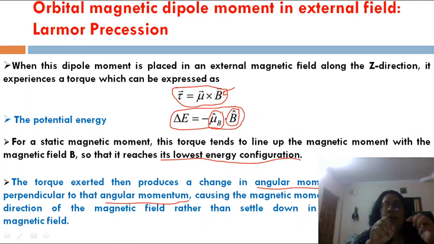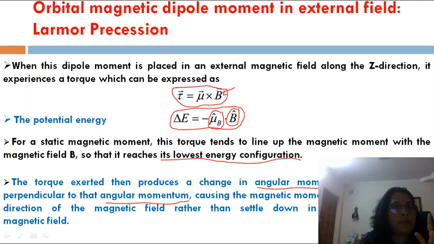Suppose the direction of the magnetic field is taken to be Z, then in the XY plane it precesses around the direction of the magnetic field, rather than settle down. In the first case it is settled down, and in the second case there is a change in angular momentum which causes the change in magnetic moment, which precesses around the direction of the magnetic field.